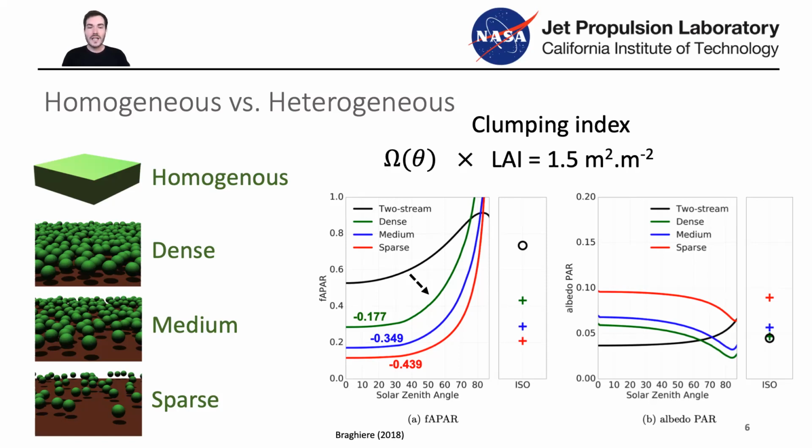Or in other words, this clumping index tries to modulate the optical depth of the vegetation canopy in order to account for the three-dimensional nature of the radiative transfer. So we might ask, is there a value or a combination of values by which we can multiply true LAI in order to get the same result as more accurate radiative transfer schemes?